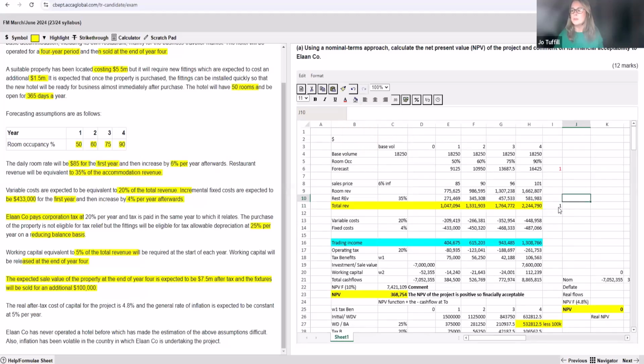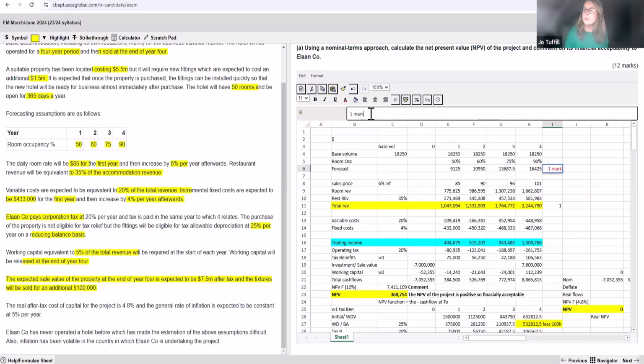All right. So let's just copy this. That's easier. Oh no, the total room rate revenue, that's 1 mark. For this one, it's not 1 mark, it's half a mark.